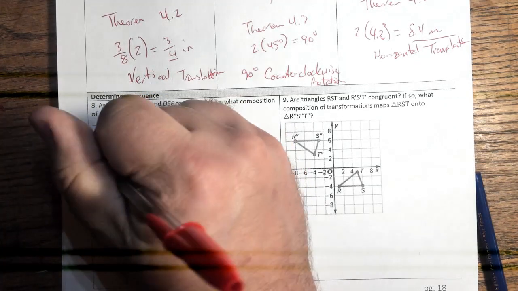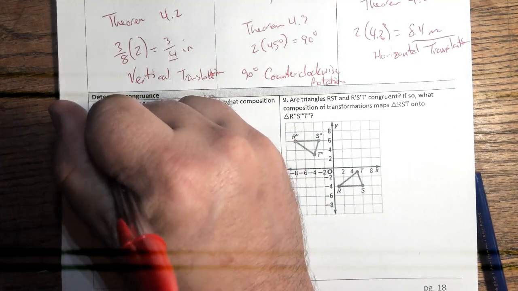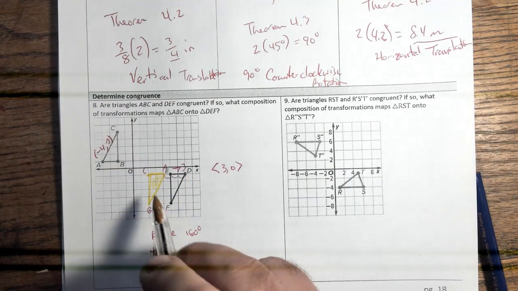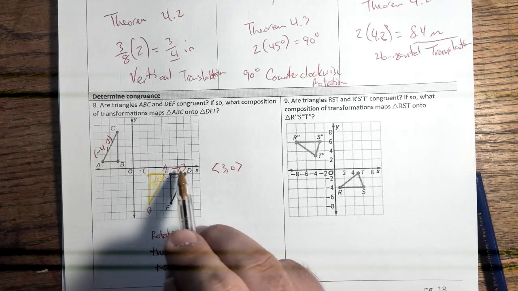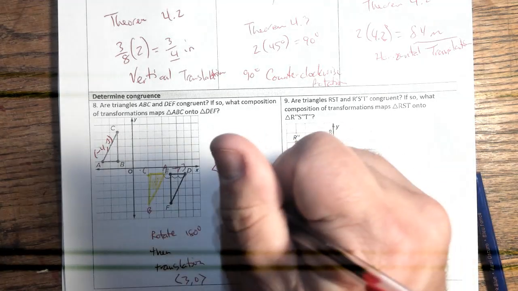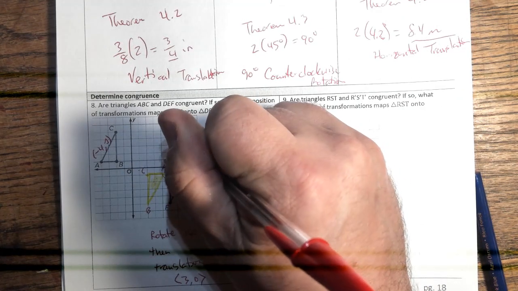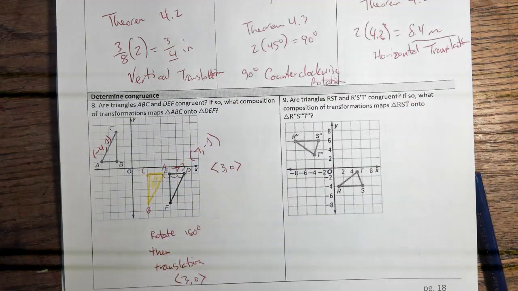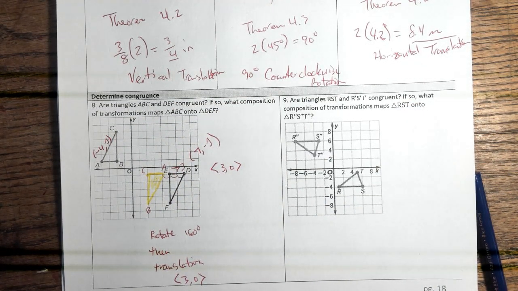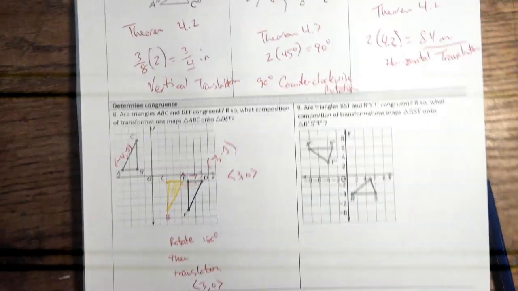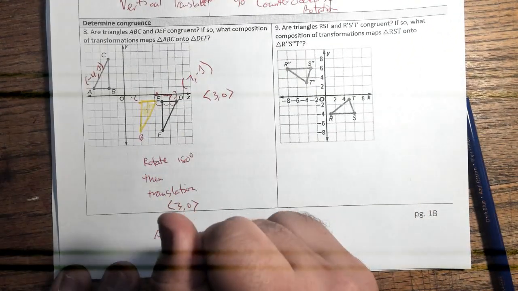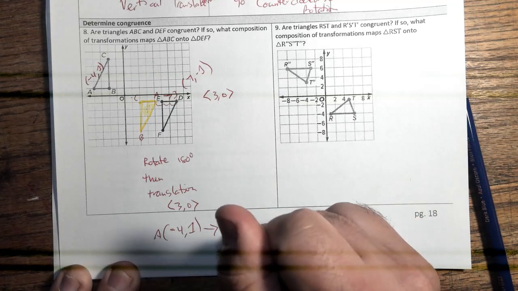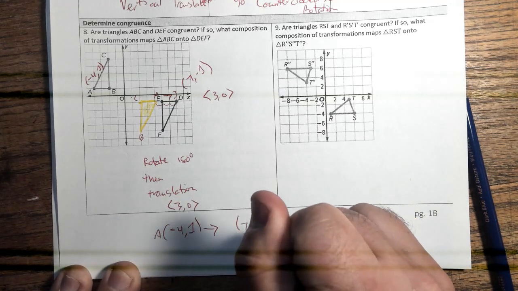Real quick, the math. A is at -4, +1. We're trying to get to D. D is at 7, -1. So -4, 1, and we're trying to get to 7, -1.